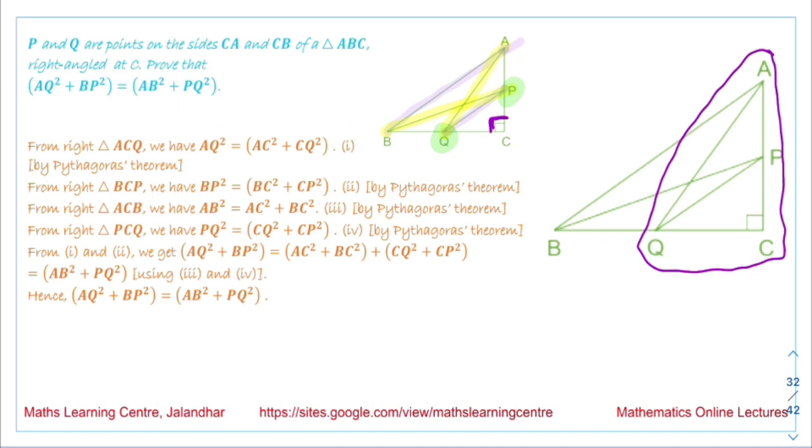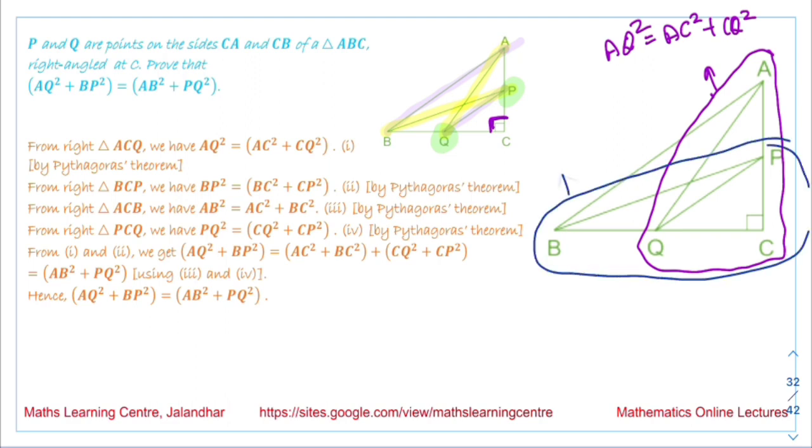Now for this triangle we are saying AQ square is equal to AC square plus CQ square. Now the second triangle we are considering is triangle BCP. In this triangle we have BP square is equal to BC square plus PC square.